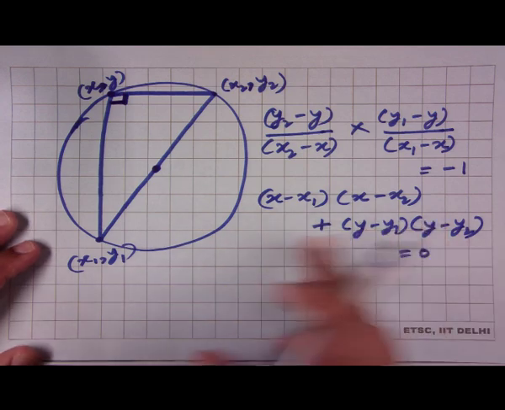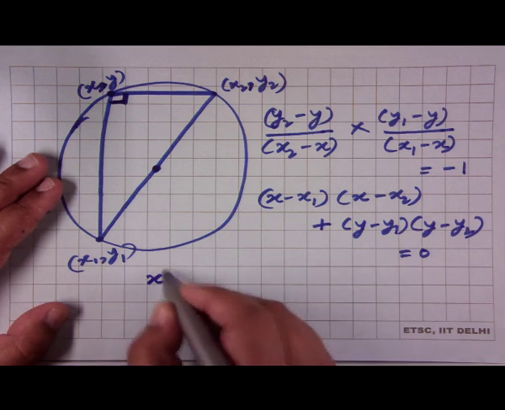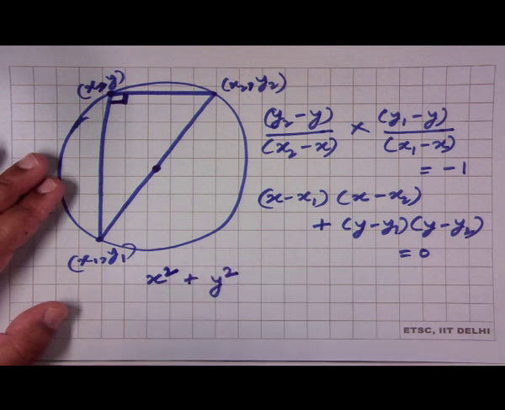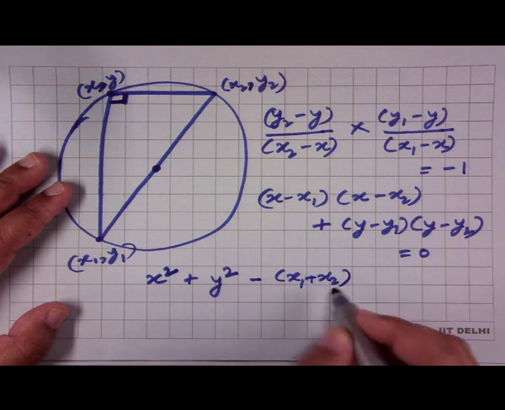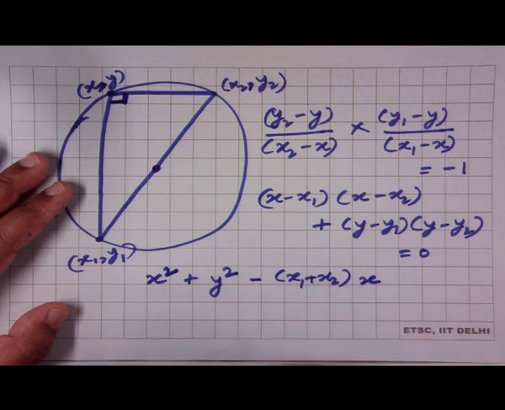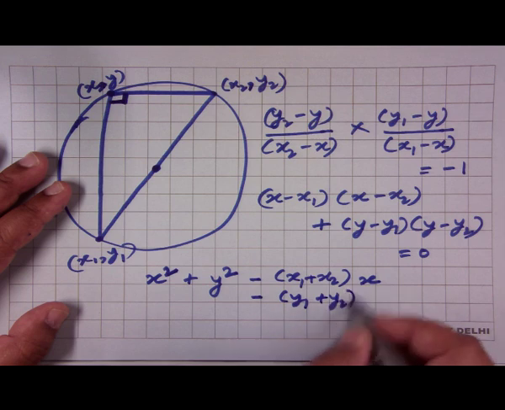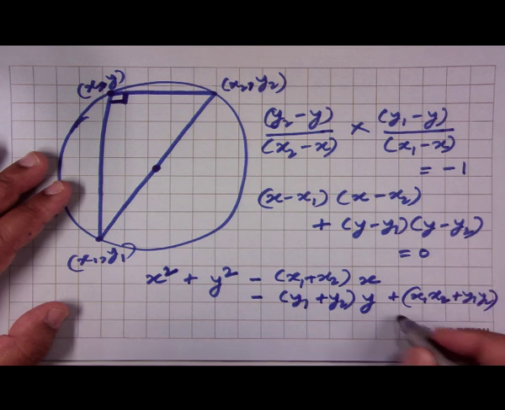So, if we expand this further, then we will get this equation: x square plus y square minus (x1 plus x2) times x minus (y1 plus y2) times y plus x1 x2 plus y1 y2 equals 0.